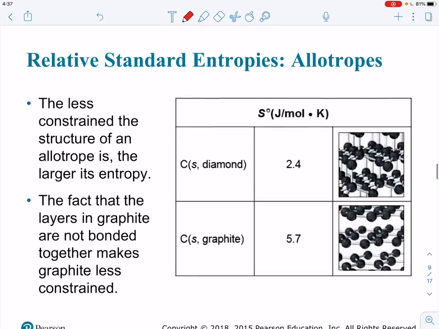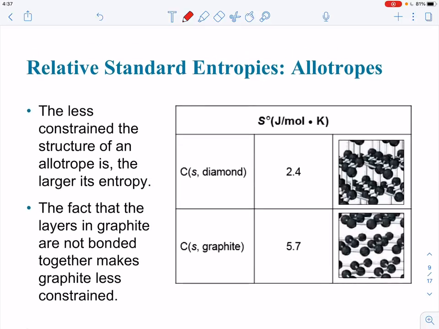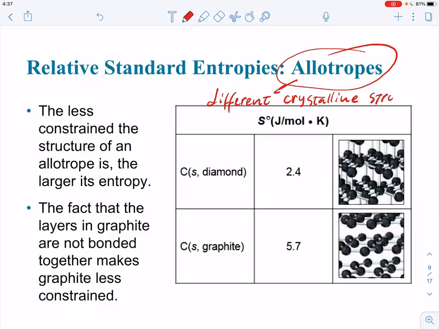Now the next factor, allotropes. Let's put it this way, they have different, let's call it crystalline structure. They are the same substance, it's just the way those atoms are organized is different, okay?